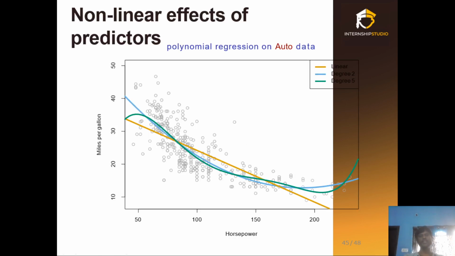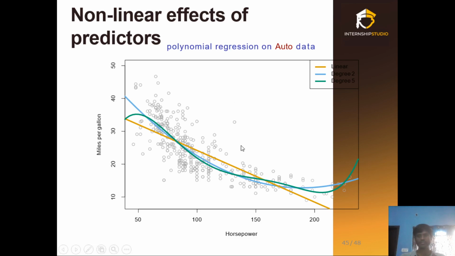Then the nonlinear effects of predictors. If you see the auto data that we are referring to, the MPG data, which we have already plotted and saw in the code, you can see that you have polynomial regression also. This is the linear regression type, and this is the polynomial regression that we were discussing.